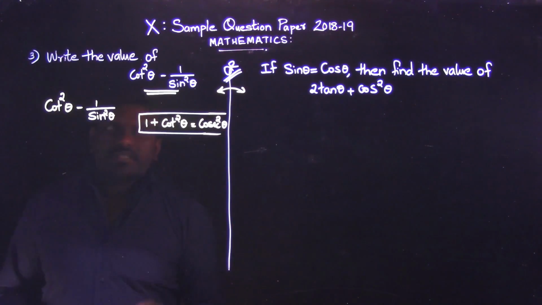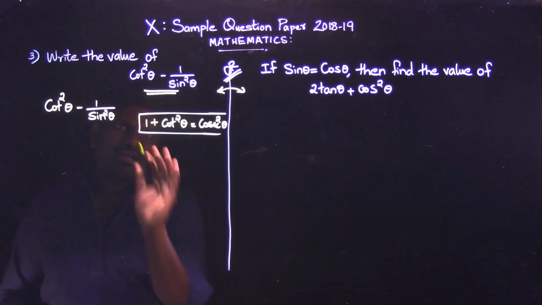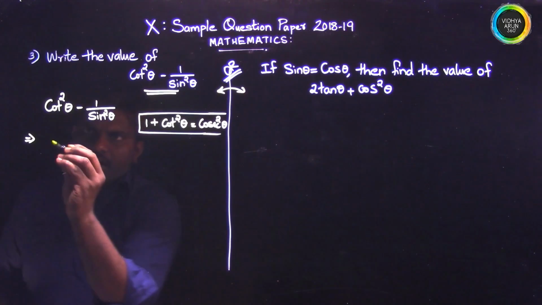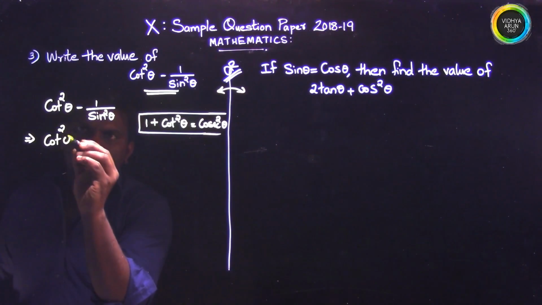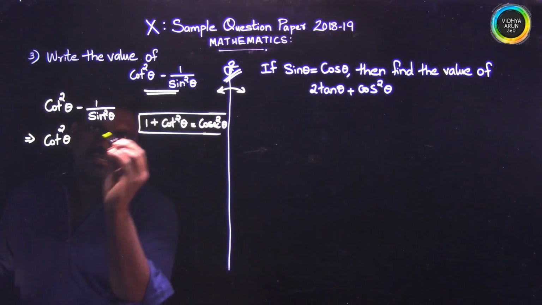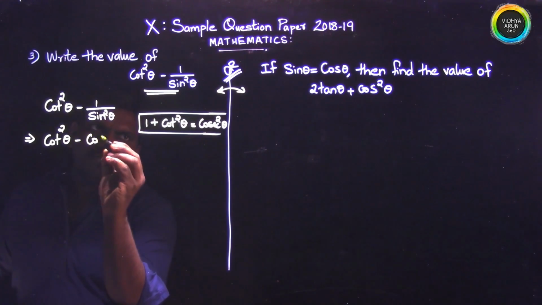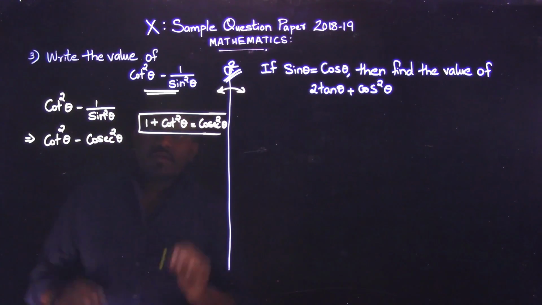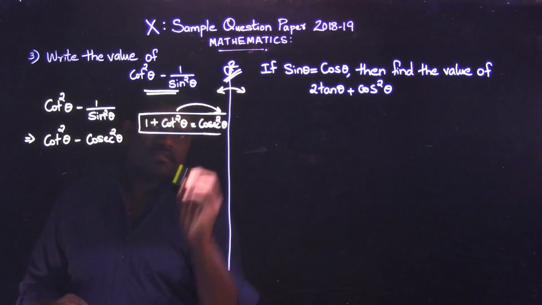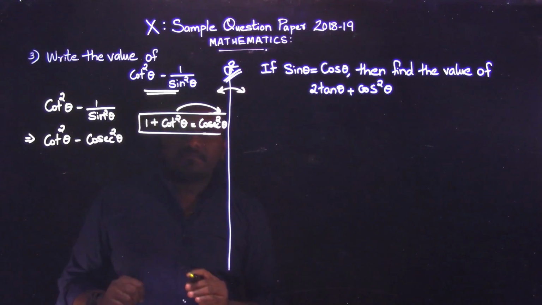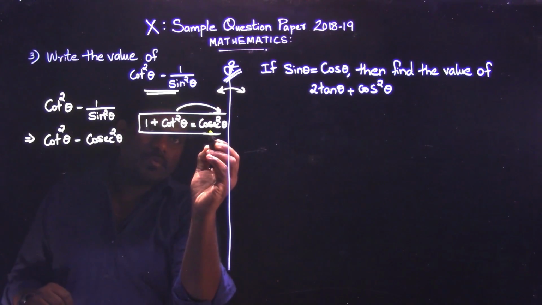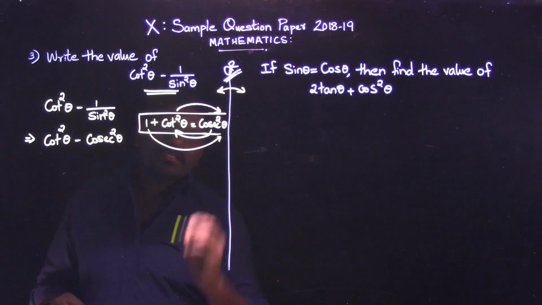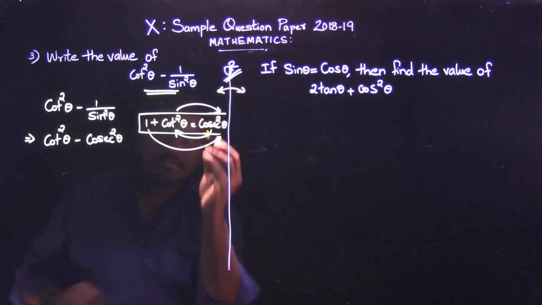With that, if you relate, you can see a slight similarity. How? Cot square theta minus 1 by sine square theta is nothing but cot square theta minus cosec square theta, right there. And in this identity, if I bring cosec to this side and take 1 to the other side, does it make any sense?